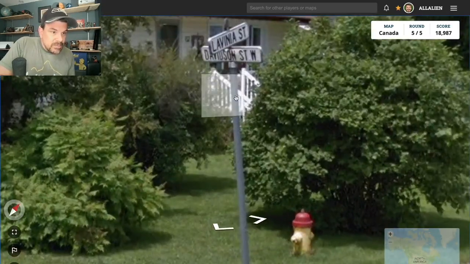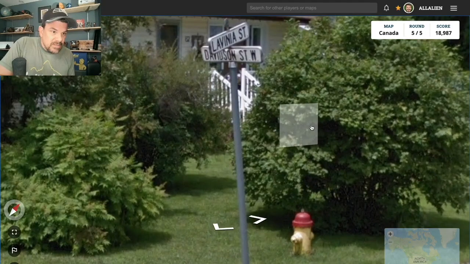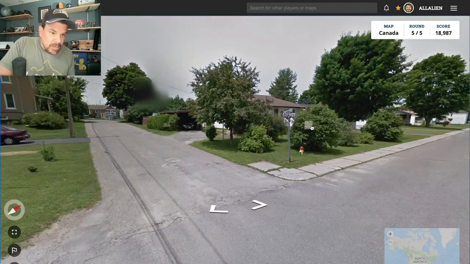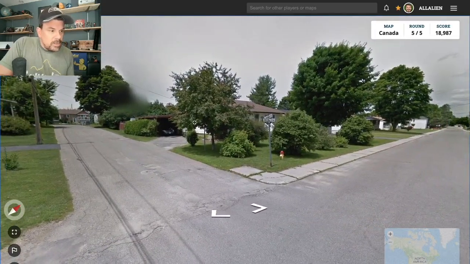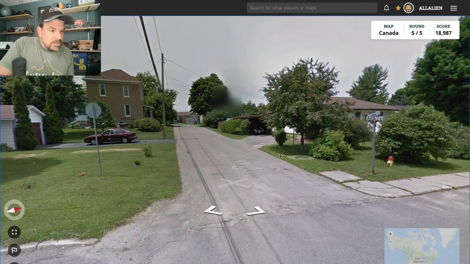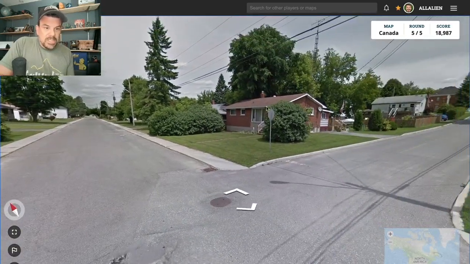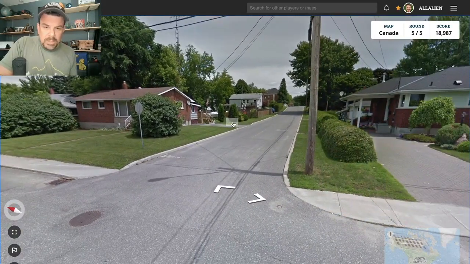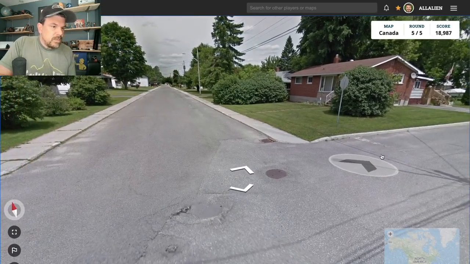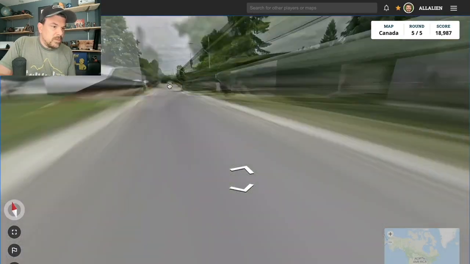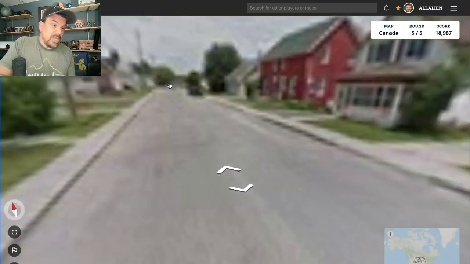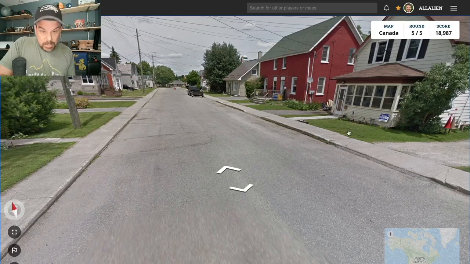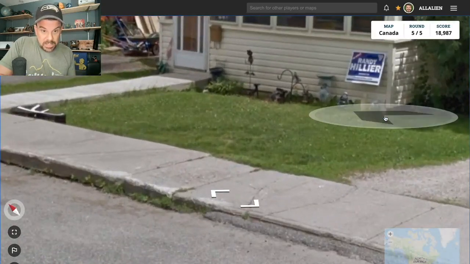What do we have here? Lavinia and Davidson. Not very helpful. But the architecture definitely tells me Eastern rather than Western. Now, to be clear, when someone in Vancouver says Eastern, they mean anything from Ontario east.